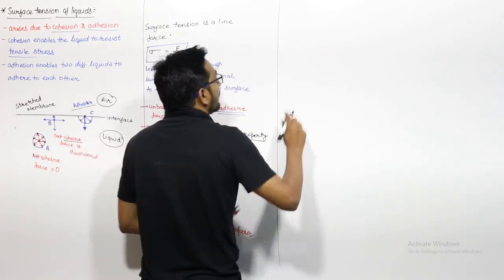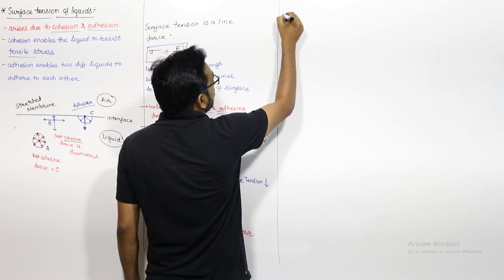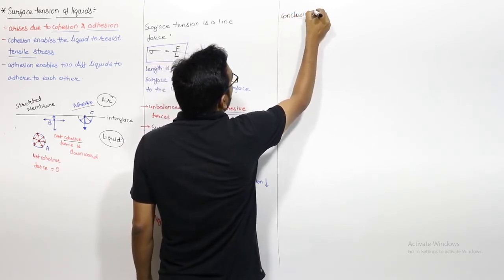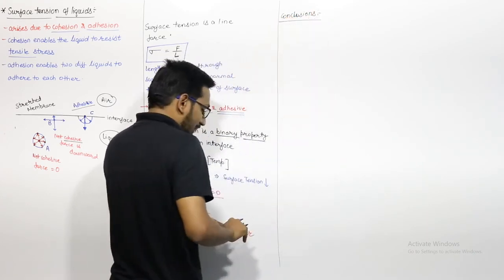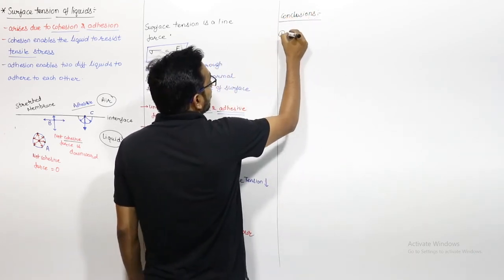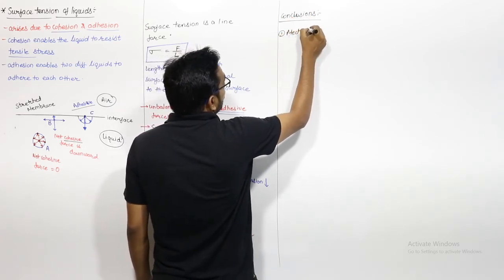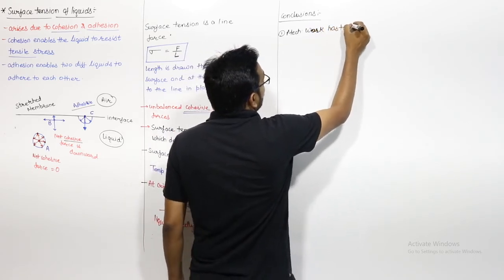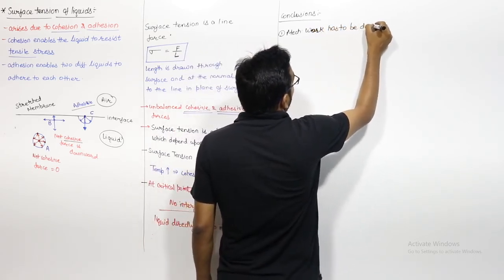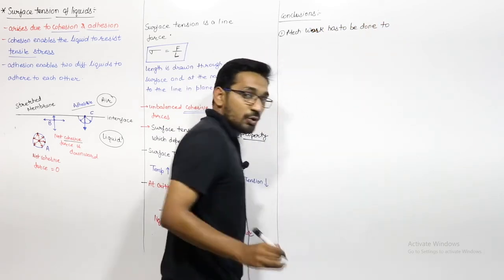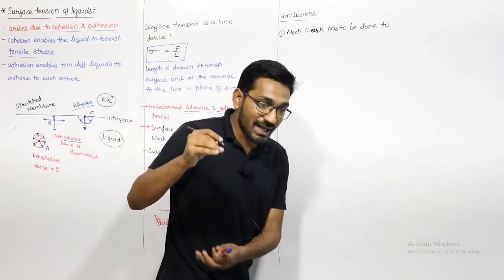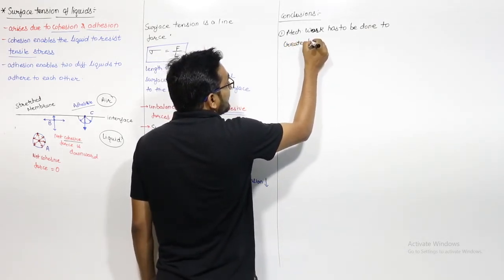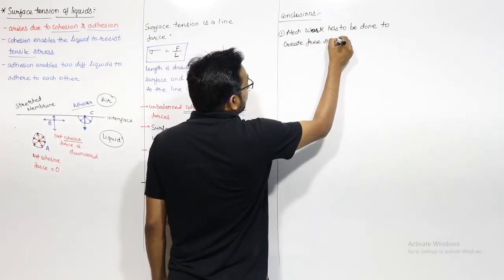So if I write some conclusions or important points, the first one is that mechanical work has to be done to create a free surface.